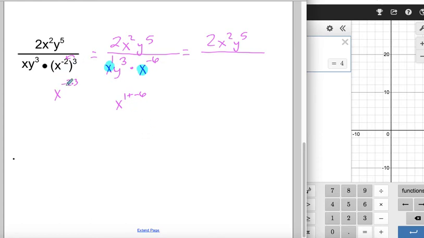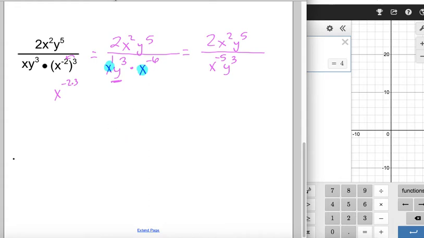Power to power is multiply, but when you are multiplying pieces with common bases, you add those powers. So 1 plus negative 6 is going to be x to the negative 5. So that part there will be x to the negative 5. And then the y here cubed is going to go there as well. And that's the simplification of the denominator.